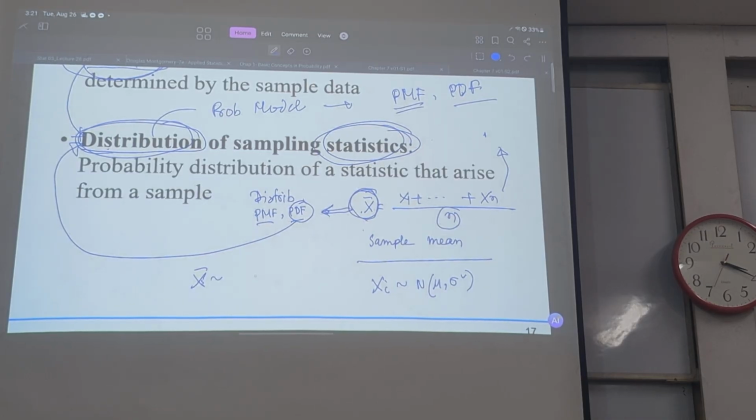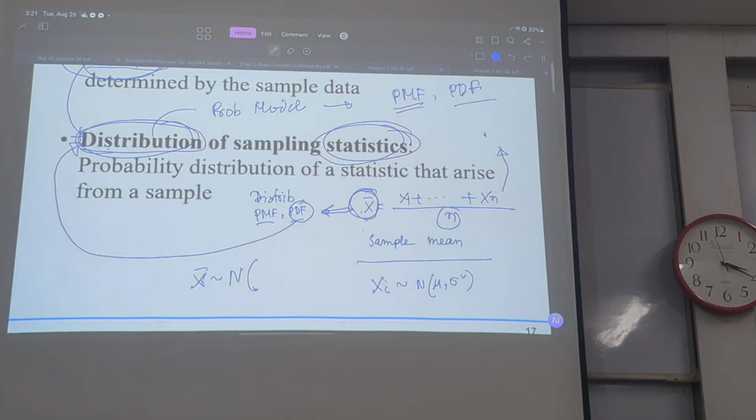Normal. What is the mean? We discussed many times that this x bar is defined by the sum of these.